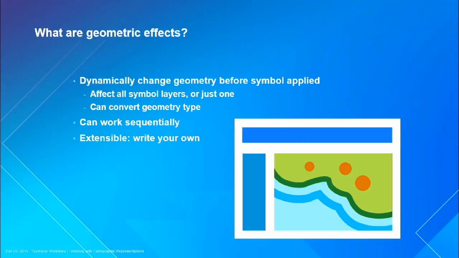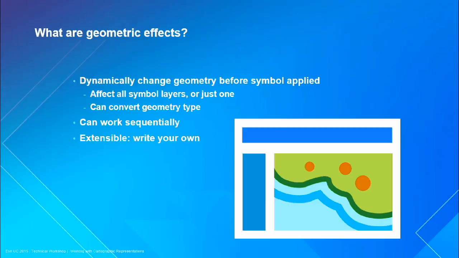They're also sequential, so they have a cumulative effect. The output of one dynamic process can be the input of another. We can start building some complex symbology here when we tie all of this stuff together.